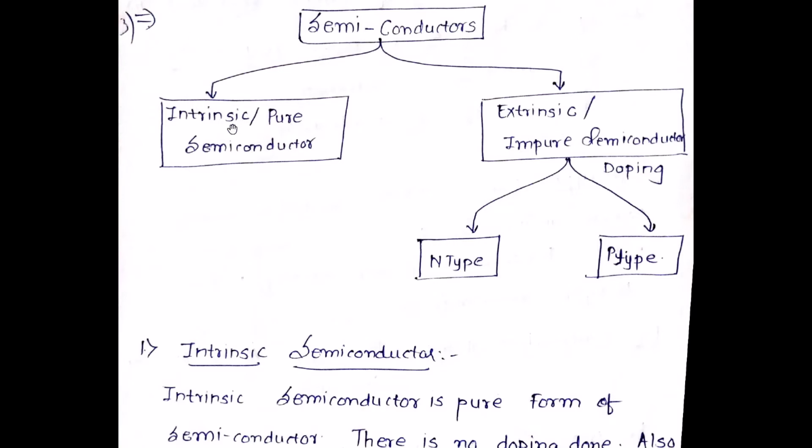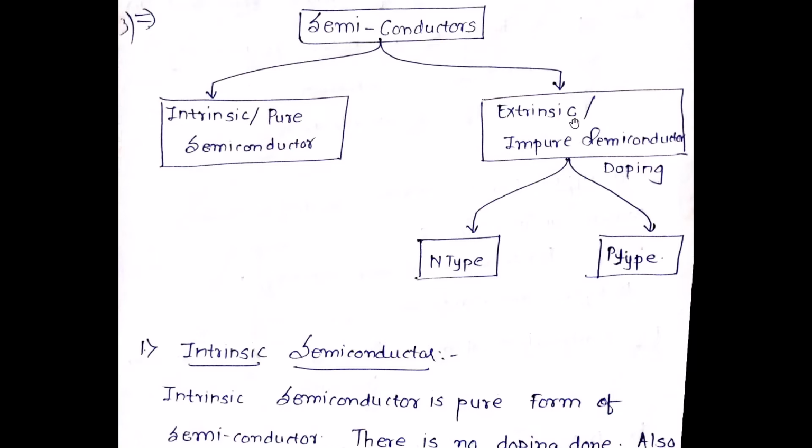As you can see over here, the intrinsic semiconductor is a pure semiconductor, whereas an extrinsic semiconductor is an impure semiconductor. When I say impure, that means there is certain additional doping which is done, which makes the intrinsic or pure semiconductor an extrinsic semiconductor.